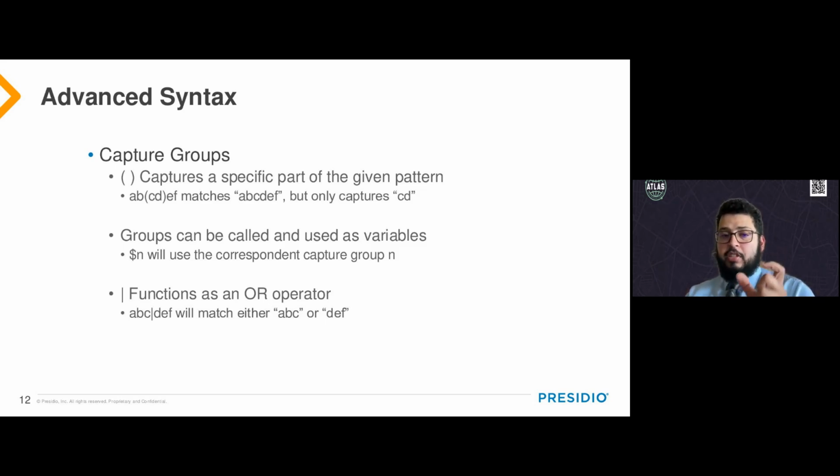And inside those capture groups, you can actually use an OR operator, right? So if I have ABC pipe DEF, it's going to match either ABC or DEF. So it allows you to narrow down those search results even further. Again, we're not going to go too deep into these advanced concepts, but I did feel they were worth mentioning because they do make your regex even more powerful.